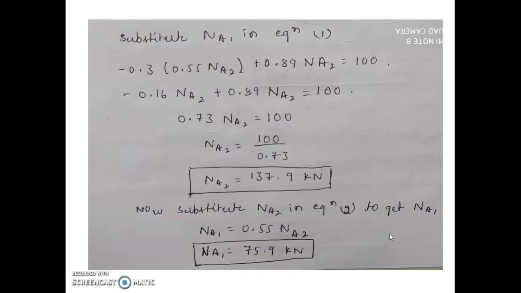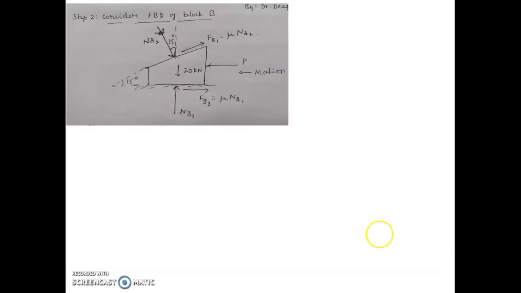I considered the first block and resolved the forces. Now I will consider the free body diagram of the wedge. Na2 is acting on the block, and the same Na2 is acting on the wedge in this form, in the downward direction, also making an angle of 15 degrees with the vertical axis. Since the wedge is moving towards the left side, friction will be generated towards the right side on all contact surfaces.